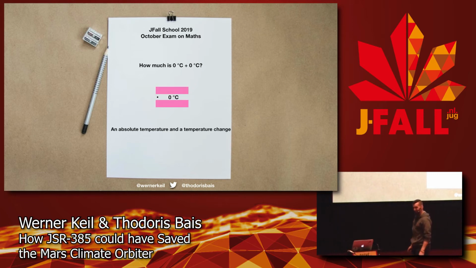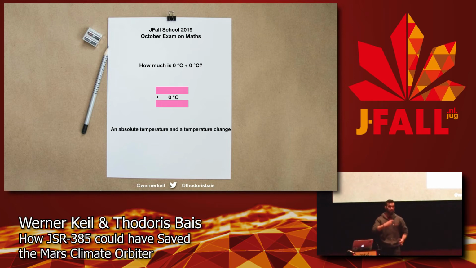Let's go to the second case, right? So 1 absolute temperature and 1 temperature change. What did we say for the first case? For an absolute temperature, 0 degrees Celsius means 273.15 Kelvin.